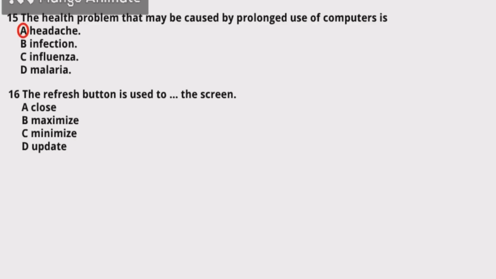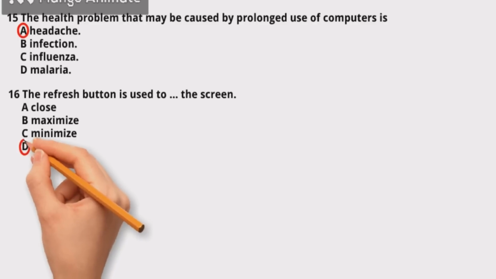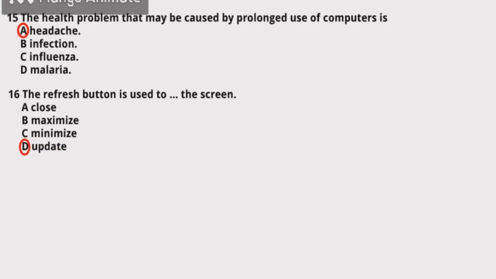So the correct answer is D. The refresh button is used to update the screen. So immediately you press the refresh button, it is going to update the screen in whatever activities it is doing.